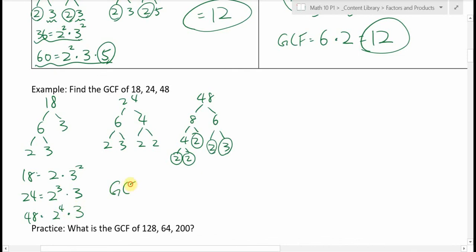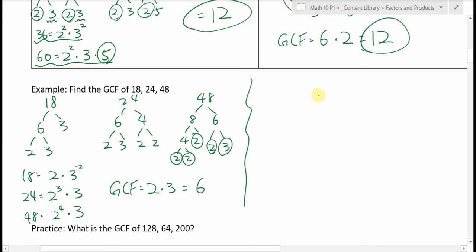And therefore, once you have this lined up nicely, it's easy to tell what they have in common. All 3 numbers have a 2, and all 3 numbers have a 3. Some of them have more than one 2, but not all of them. So you have to look for what they have in common. 2 times 3 is 6, and that is the greatest common factor.